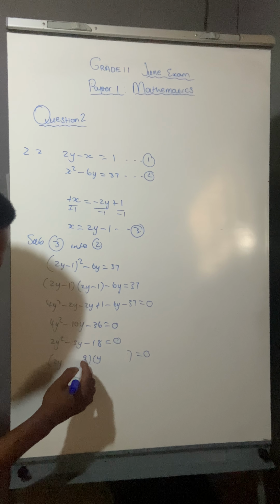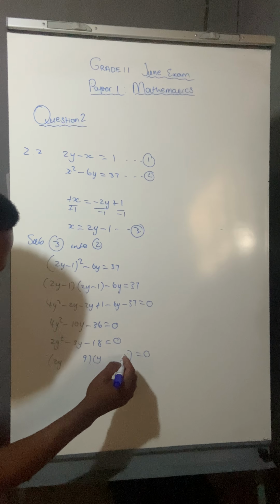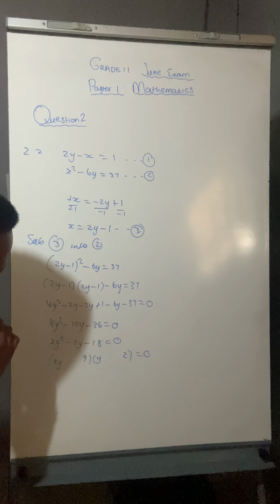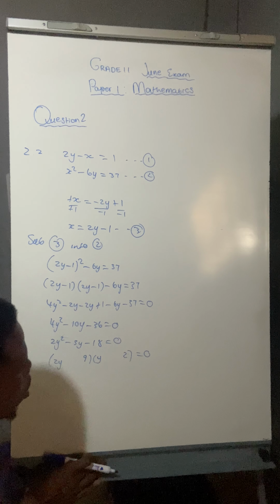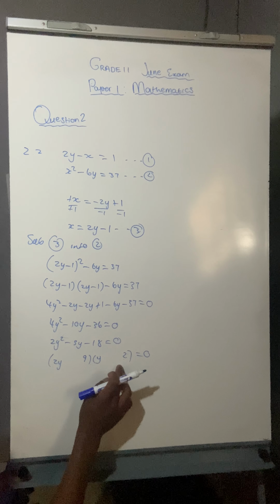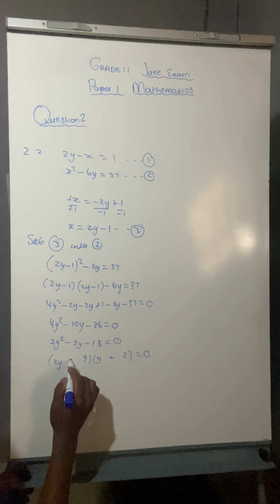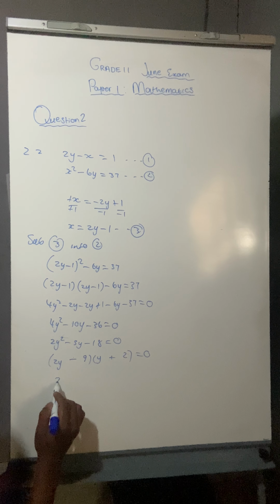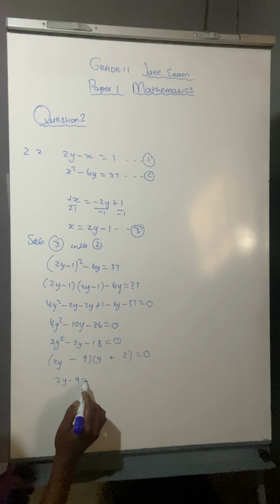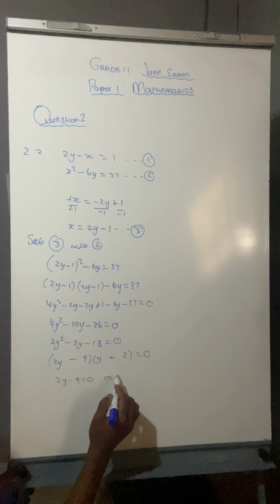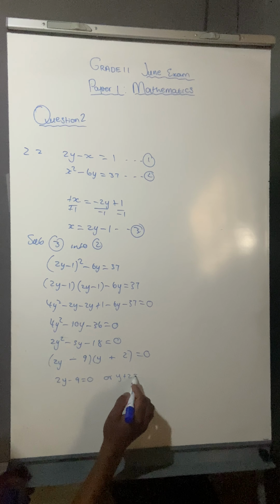Okay, 9 and 2. Then which one is supposed to be negative? Let me check. This side is supposed to be positive, then minus. Therefore now 2y minus 9 equals 0, or y plus 2 equals 0.